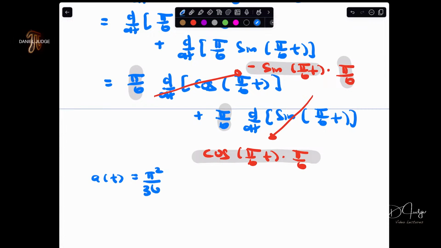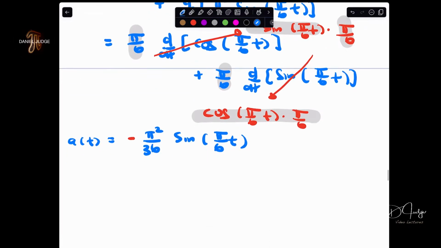Pi squared over 36, and that's going to be negative, sine pi over 6t, plus pi squared over 36 cosine pi over 6t.